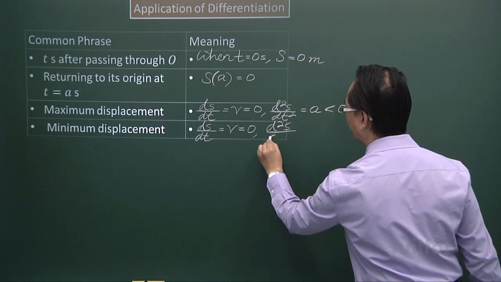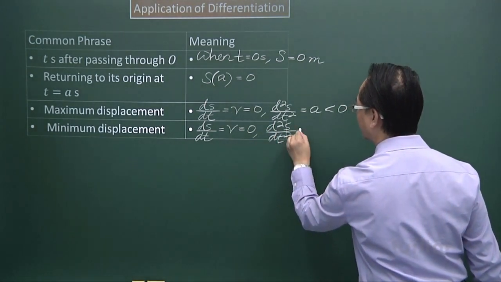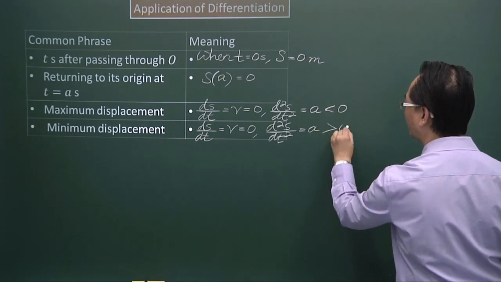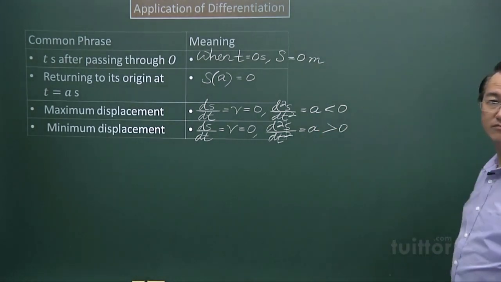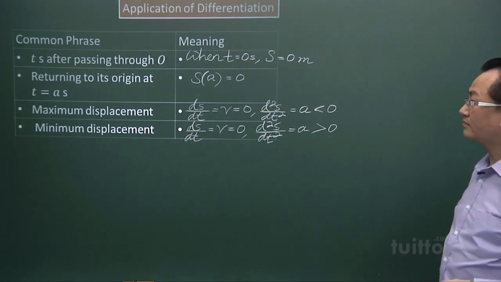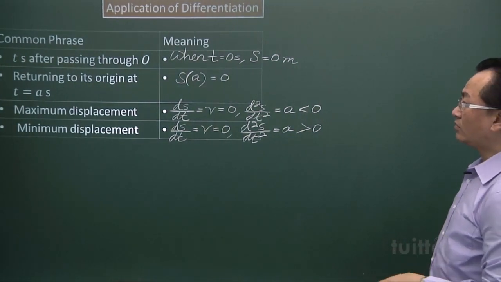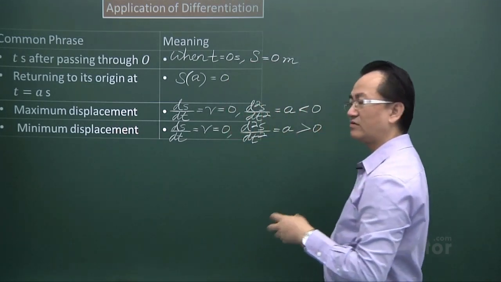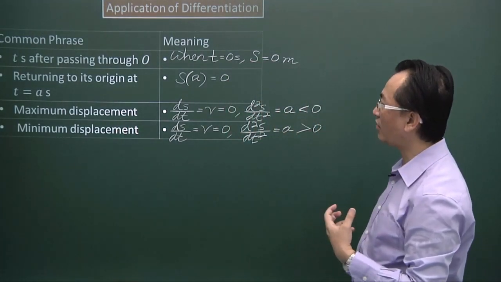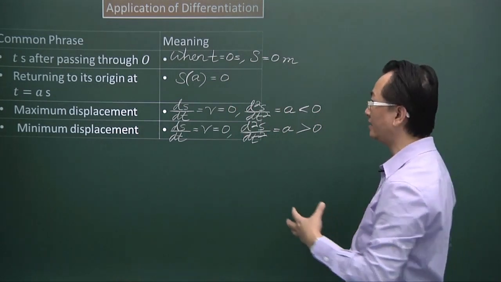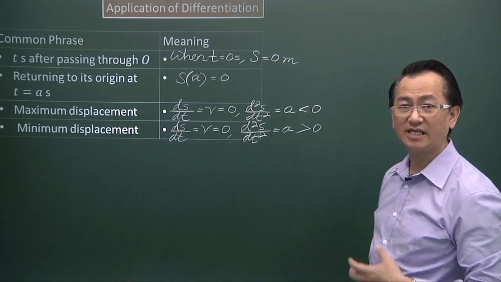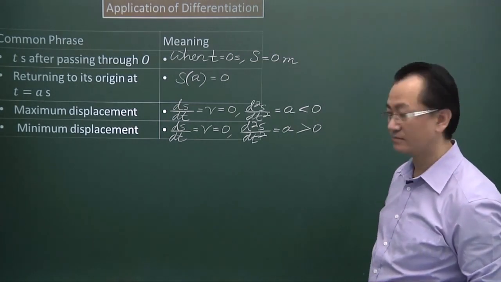And the second derivative, which is equal to the acceleration, must now have a value of more than 0. So when we see phrases like that, we must have these phrases trigger off some ideas in our mind, and these are the ideas that we must have so that we can effectively solve the questions.